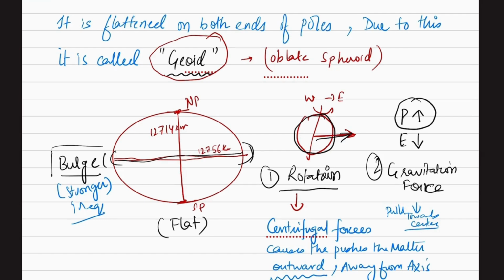So we can say, because of these two reasons, that the earth is flattened at both ends of the pole, and it is bulgy at the equatorial region, and this is what we call a geoid shape.